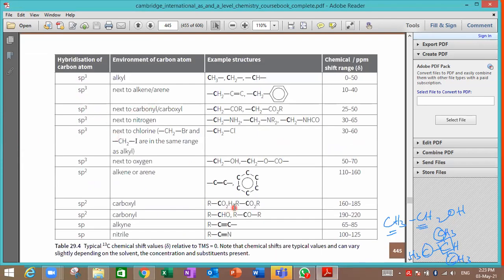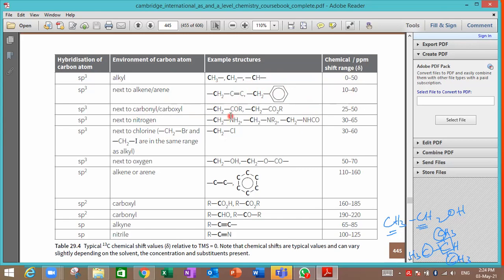This one shows us that if the carbon is bonded to hydrogen in an alkyl group, meaning the carbon is making 4 bonds in a CH3 or CH2 or CH, then it will appear between 0 to 50 parts per million. If the carbon is next to a benzene ring or next to a double bond, it will appear between 10 to 40.